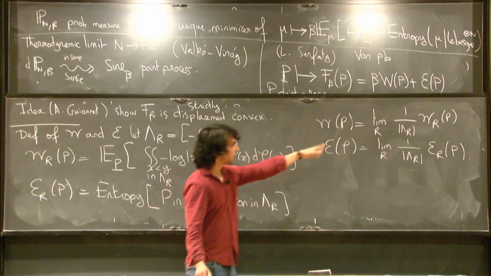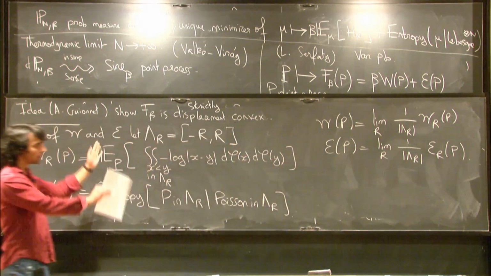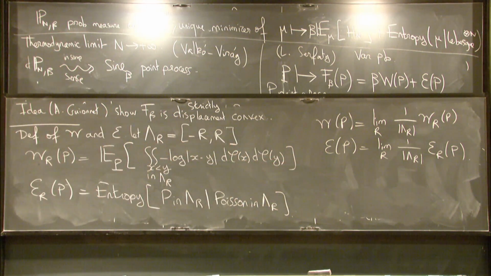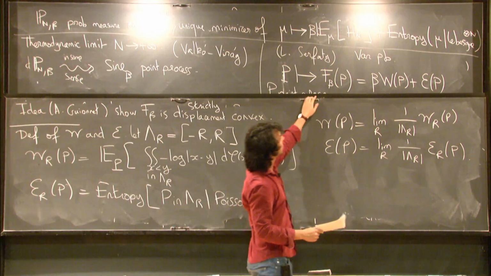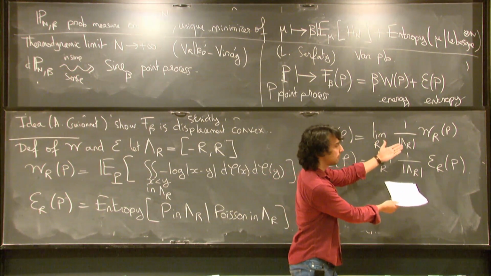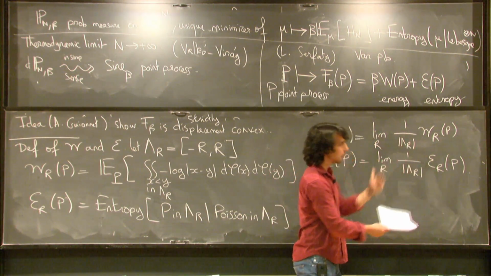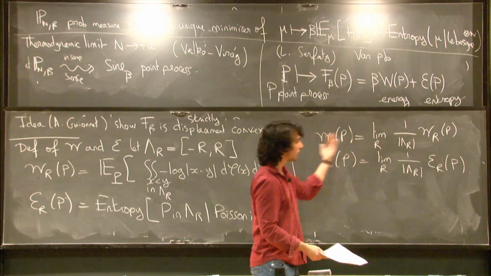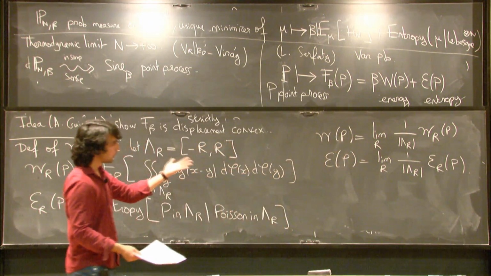You need to prove that this limit exists, and actually I'm cheating a little bit, but that's the main idea. So, okay, here we have all the pieces in a sense. We have this functional, which is defined as an infinite volume limit of those functionals. And I would like to prove that it has a unique minimizer.